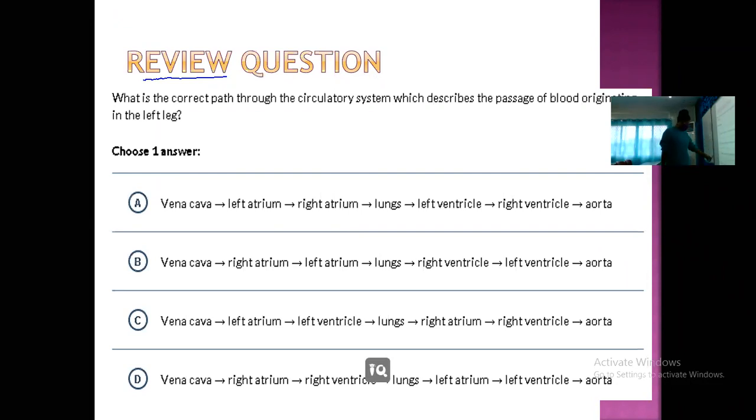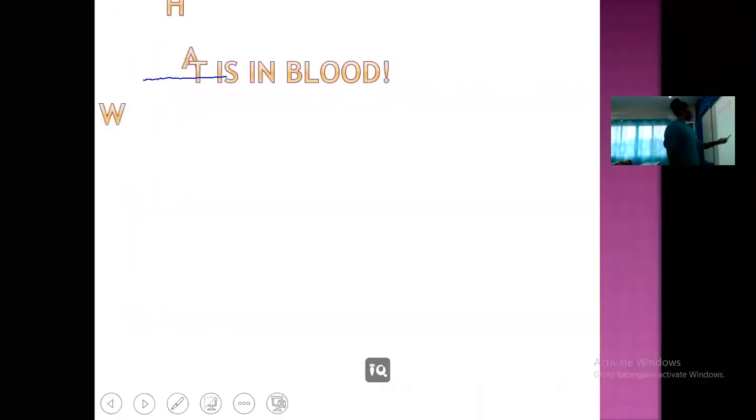No, wrong. D, I guess that's the correct answer: vena cava, right atrium, right ventricle, and then to the lungs, to the left atrium, left ventricle, and finally to the aorta and the rest of the body.